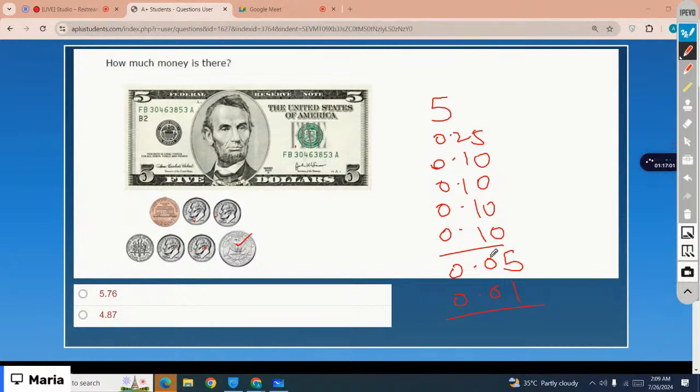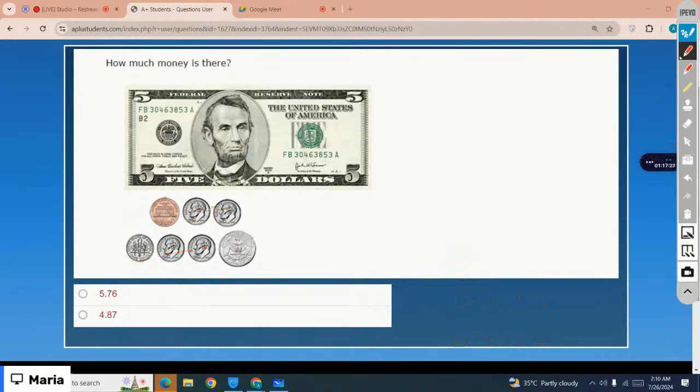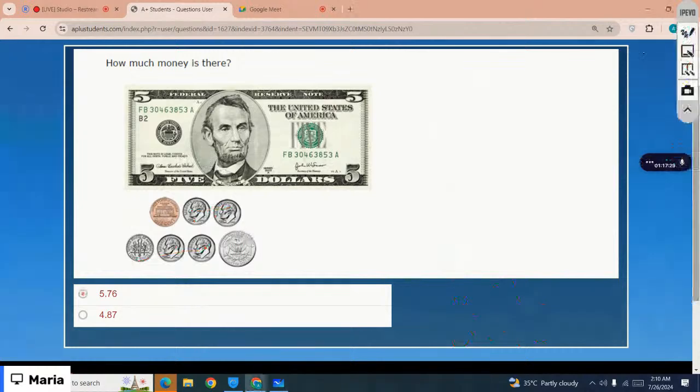So that is 0.76, since the four dimes are all the same and their value is 0.10 each. So that is 5.76, because here you have the $5 bill, right? The correct option is 5.76. Option number 1 is the correct option. Got it?